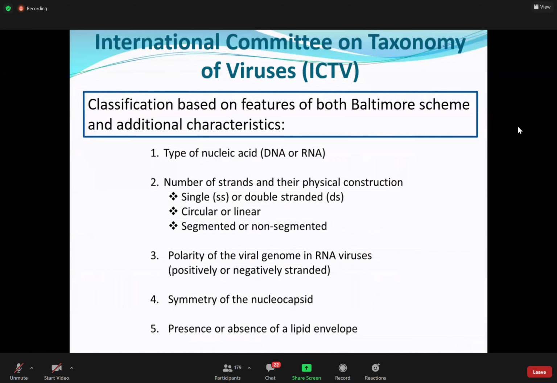Unlike bacteria, where we talk about Clostridium tetani in terms of species and genera, E. coli, and so on, even though we have this structure for viruses, amongst the general population and even amongst medical doctors, this scheme hasn't really been adopted. Only amongst pure virologists who are more interested in this sort of stuff.